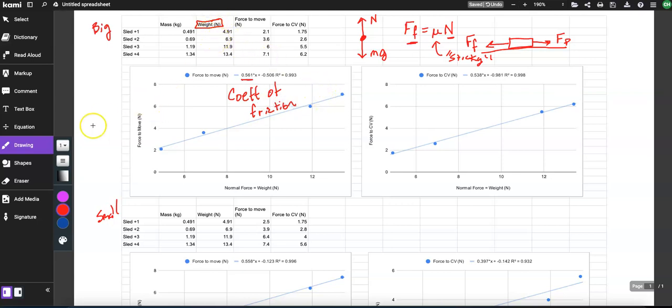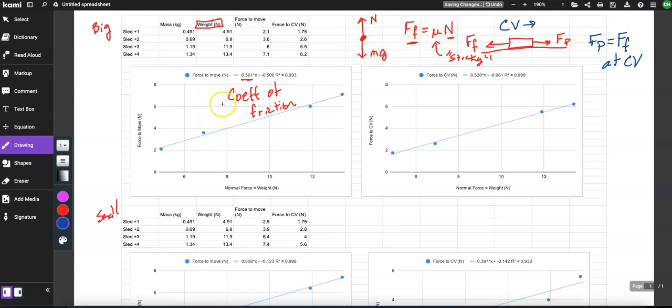So I did that, and then I did it again by plotting the weight on the bottom and then the force to move at a constant velocity. So when it's moving at a constant velocity in this direction, I'll do this in blue, these two forces have to be equal to each other. So the force of the pull is equal to the force of friction, and that's at a constant velocity.